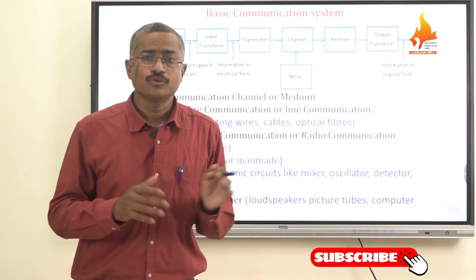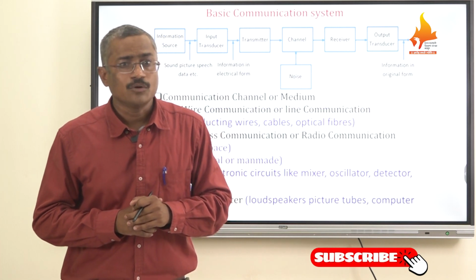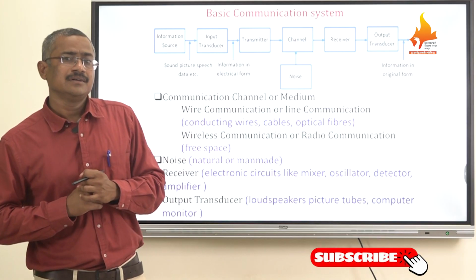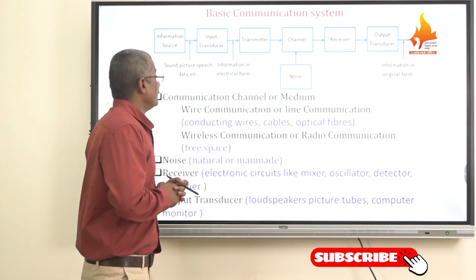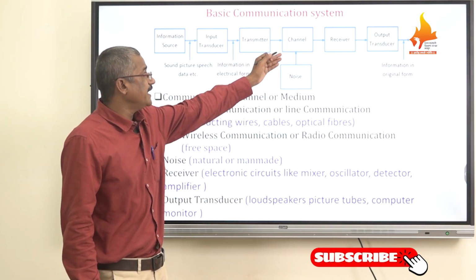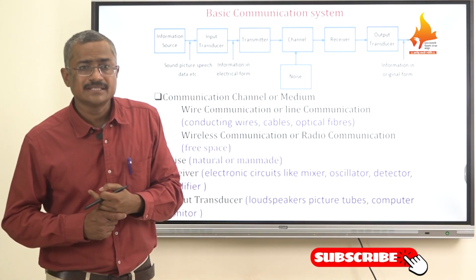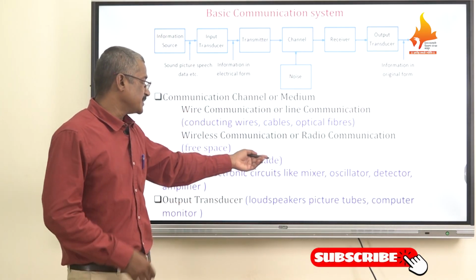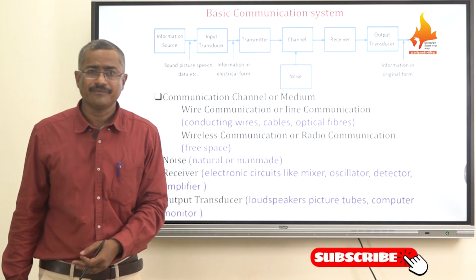It is very difficult to remove the noise, but there are techniques, electronic circuits, which can remove or minimize the noise level. Once noise is added, the signal is received by the receiver. At the receiver, we have electronic circuits like mixer, oscillator, detector, and amplifier.